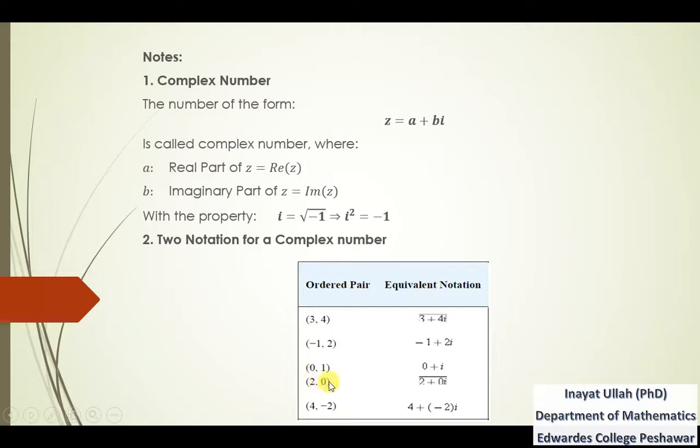Similarly, 2 comma 0 can be written as 2 plus 0 iota. 4 comma -2 can be written as 4 plus -2 iota. So these two are popular notations for complex numbers.